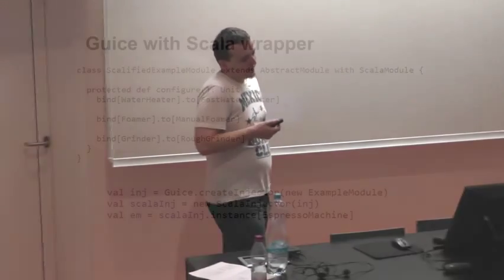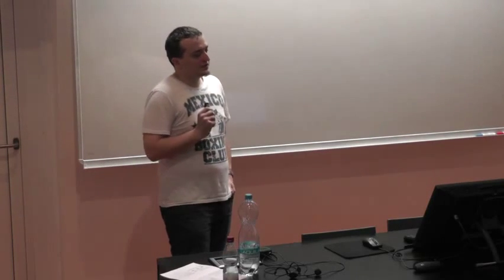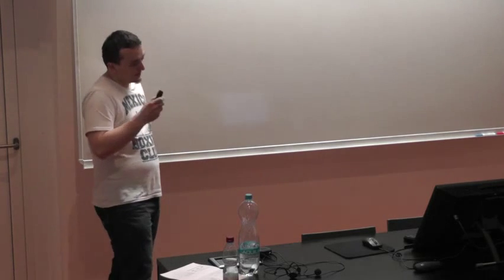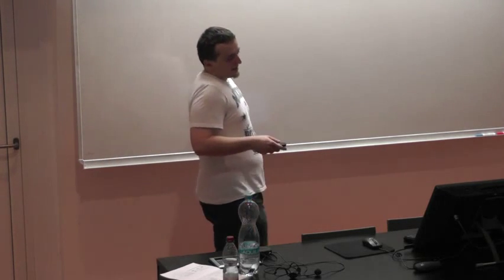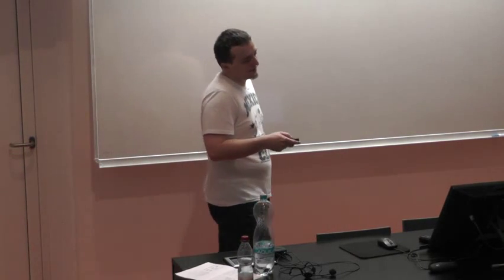You can see here the difference to the original example: the Scalified example module mixes in the Scala module trait. The Scala module trait comes from the wrapper, and it adds different bind methods that don't need to be passed a class object, but they take type parameters, so it's a little nicer from the Scala point of view.